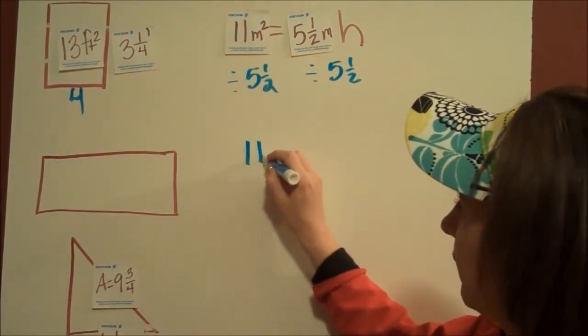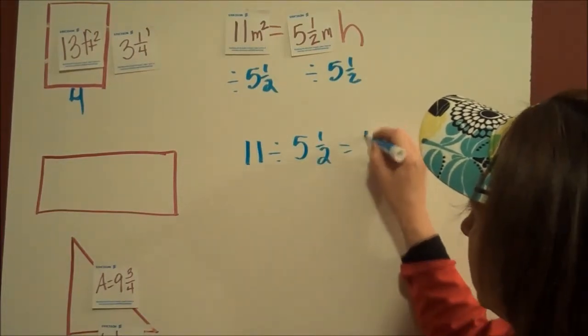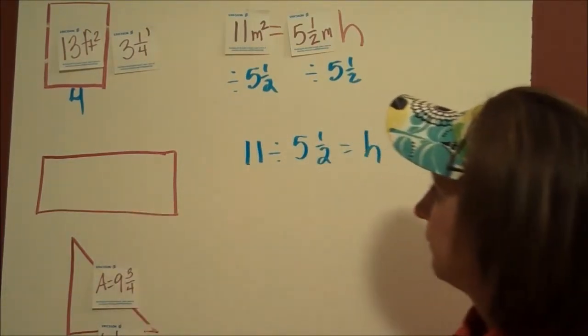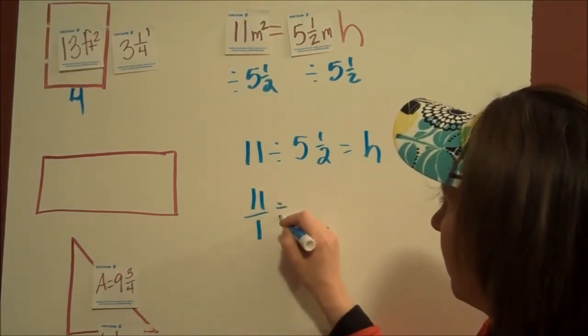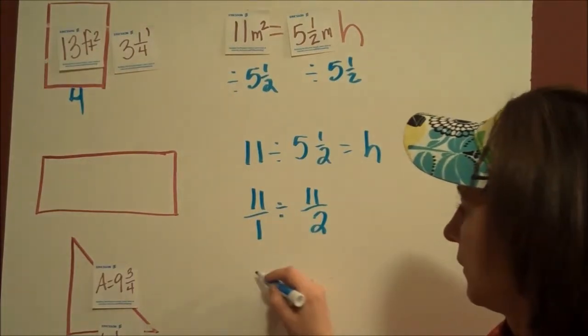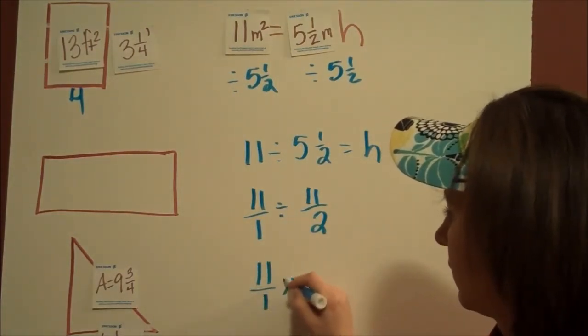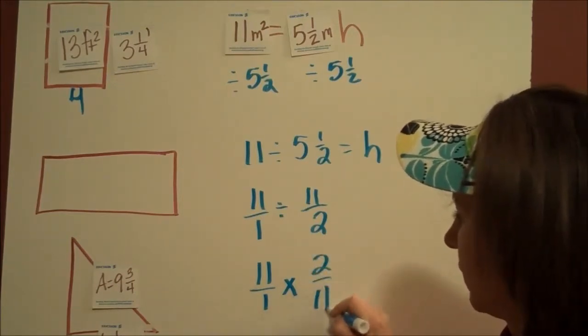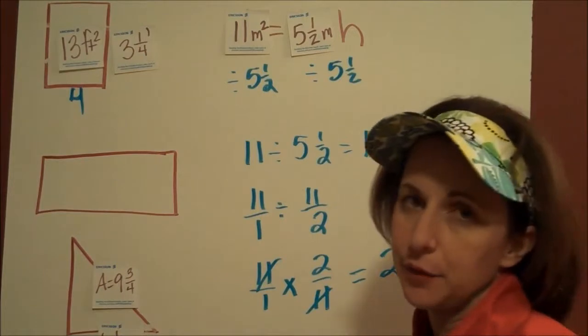And so 11 divided by 5 1/2 is going to tell me the missing height. The missing height is 2.